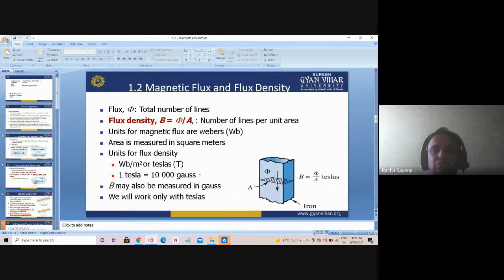Okay, so flux phi is the total number of lines. As I earlier told you, in a magnet we always have two poles, north south, south north. If we cut a magnet into two parts, you always find two poles there. So there is a dipole, or bipole, not a single pole.